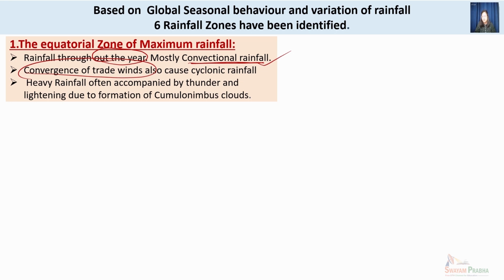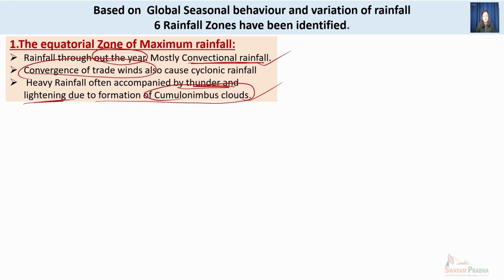The mean annual rainfall ranges between somewhere around 1500 mm to 2000 mm. So most of the rainfall is received through convectional rainfall, which is also accompanied by thunder and lightning due to the formation of huge towering cumulonimbus clouds in these areas. So the daily rainfall generally happens during the afternoon, and the rainfall intensity is very, very high.